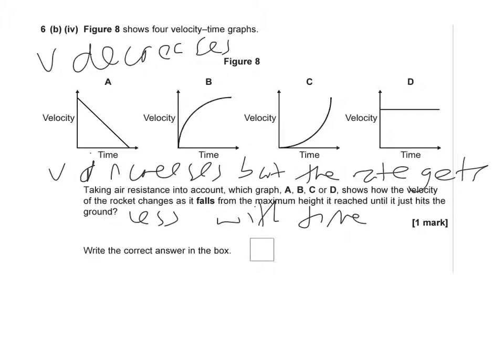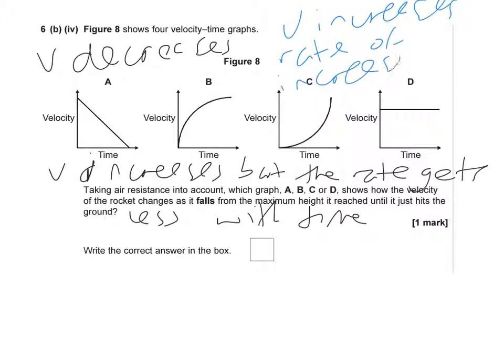Graph C shows that V increases and the rate of increase increases with time. And finally, D shows that V stays the same.